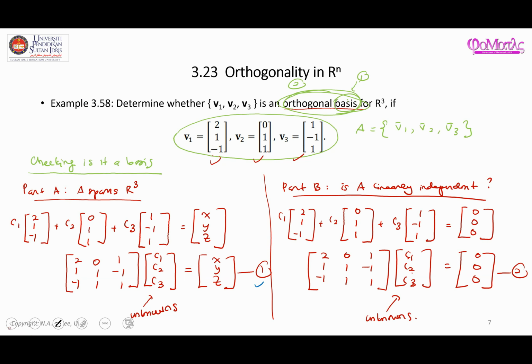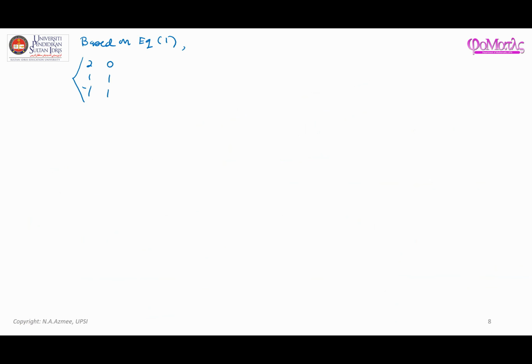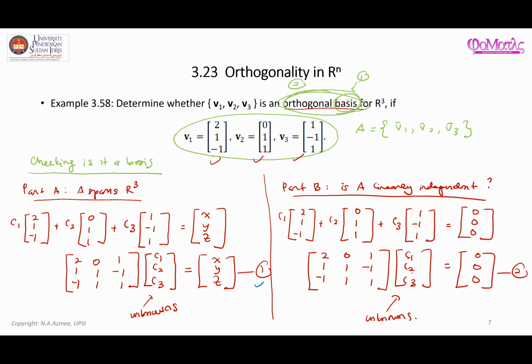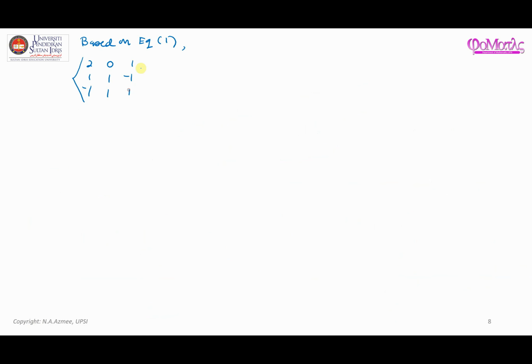The augmented matrix will look like this: rows (2, 1, -1), (0, 1, 1), and (1, -1, 1), and here is X, Y, Z. Remember, we are looking to find the values of C1, C2, C3.